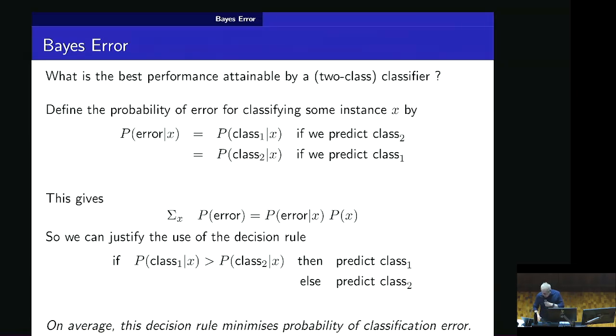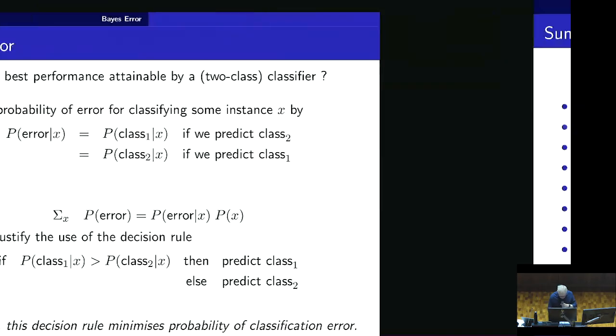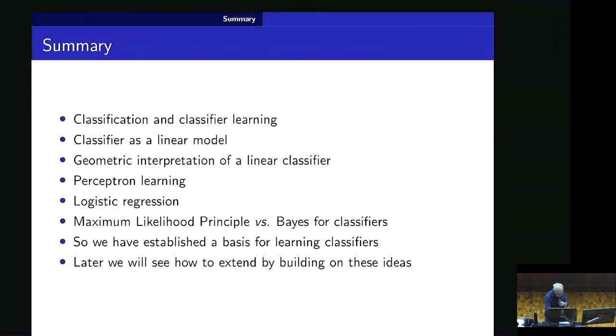All right, now, we're out of time, so let's just summarize. What we've talked about this week is classification and learning classifiers. We've talked essentially about classifiers as being a linear model, and we explained the geometric interpretation of that. A classic example of that is perceptron learning.